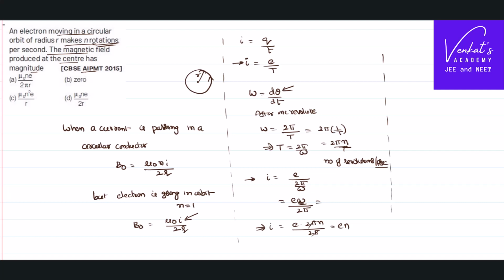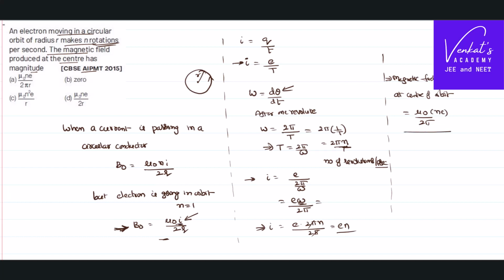Once I got the value of the current, I can substitute that current in this equation and get the magnetic field. That implies the magnetic field at the center of the orbit when the electron is revolving around it is mu naught by 2 pi, and in the place of I I can write n e.